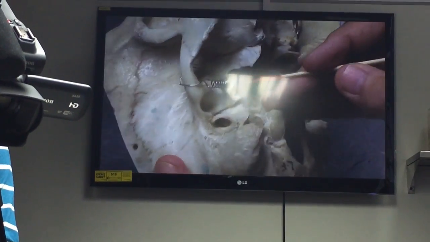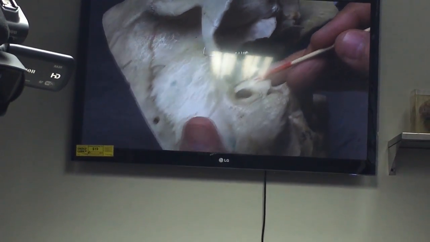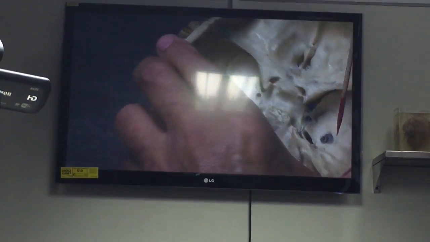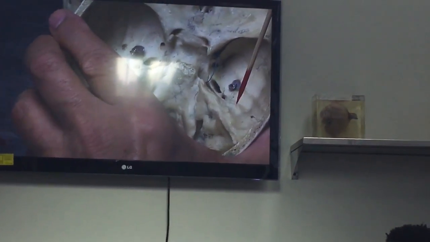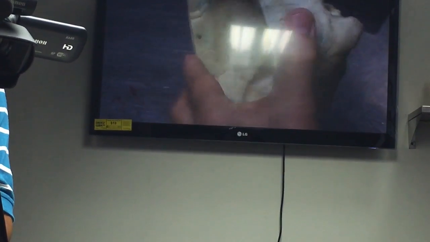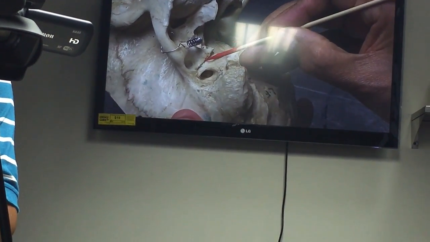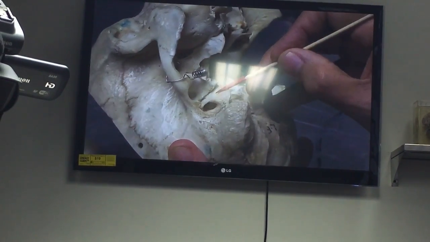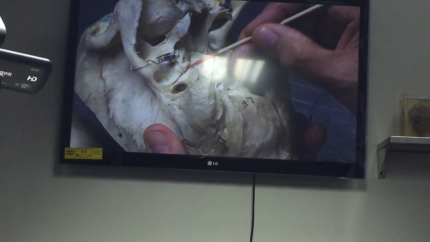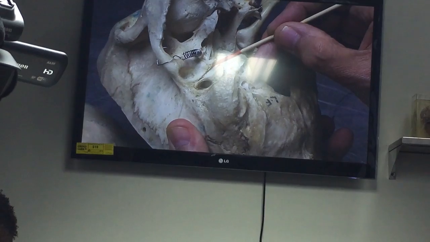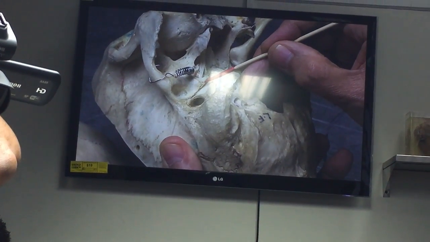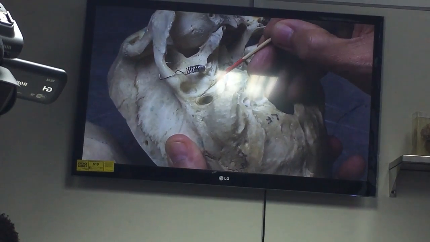And as I mentioned last week, there's a small piece of the tegmen tympani, which is really a part of the petrous temporal bone, which forms the roof of the middle ear, that comes down and lodges itself anteriorly here in the squamotympanic fissure, and is going to divide it into a petrosquamous fissure and a petrotympanic fissure.